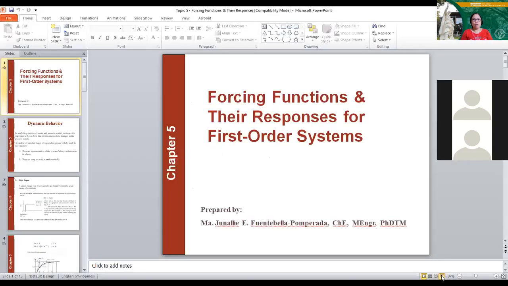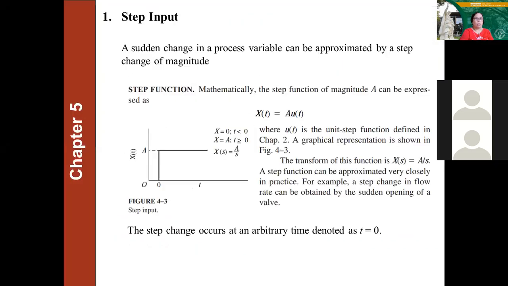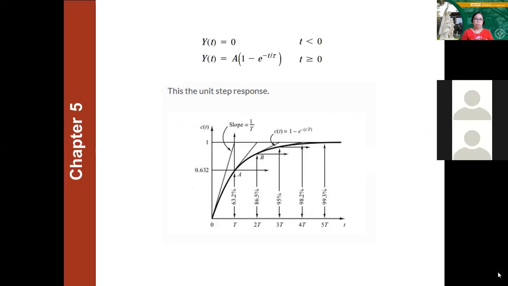So based on what you have listened to yesterday, let me annotate, this is the response to a step forcing function of magnitude A. If it's a unit step function, for those who have answered in the chat box, that is correct. The response to your forcing function is 1 minus e raised to negative t over tau.